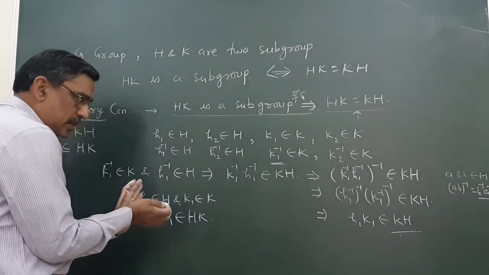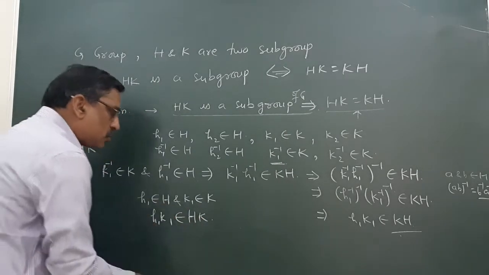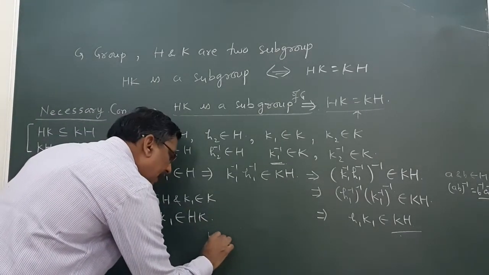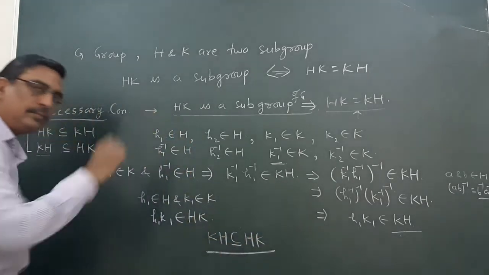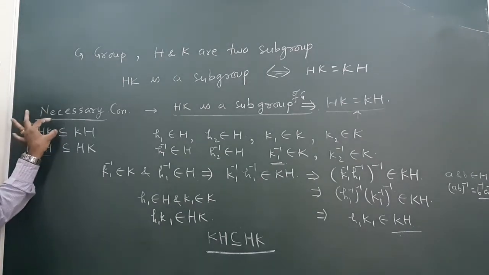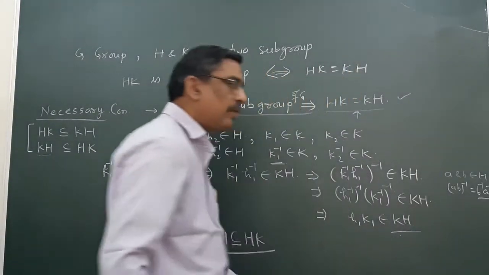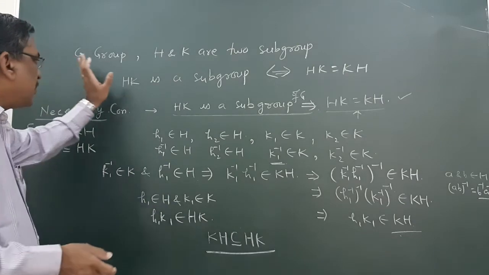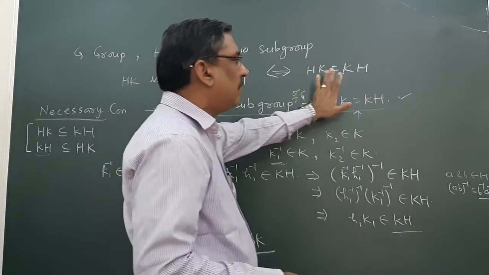It means this is the element of KH and this is the element of KH, the same one. So naturally KH is a subset of HK. Thus we have proved that KH is a subset of HK. In a similar fashion we can prove HK is a subset of KH, and finally we got this one. So we proved that if HK is a subgroup, then HK will be equal to KH.